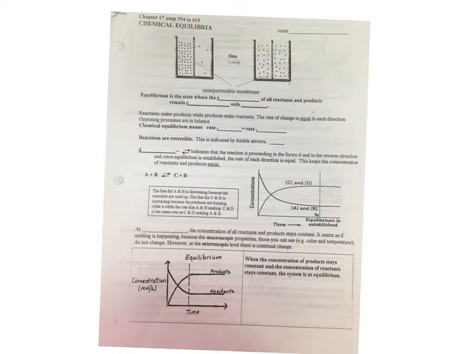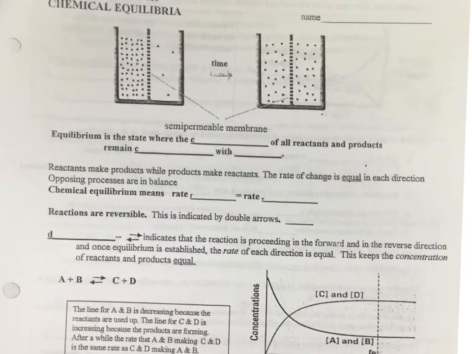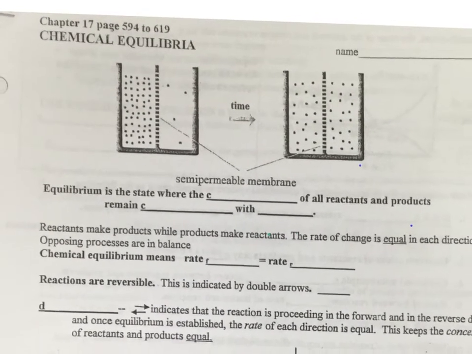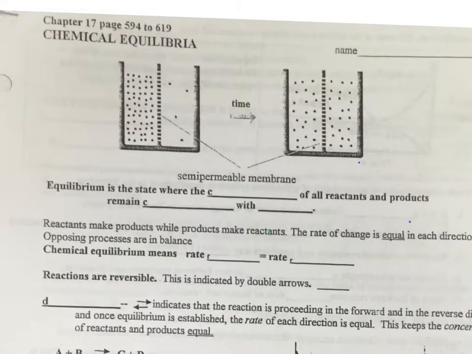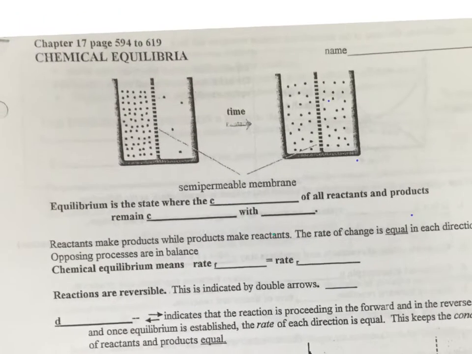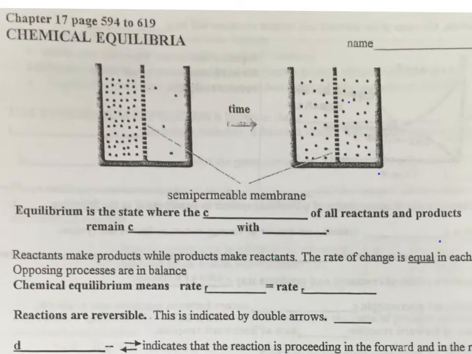All right. So when we're talking about equilibrium, you can kind of see on this image that it looks like an image that you probably saw back in biology, where you had a semi-permeable membrane, right? And so things were able to flow in and out of cells. I think that was where you guys saw it, right? Yeah, osmosis, exactly.